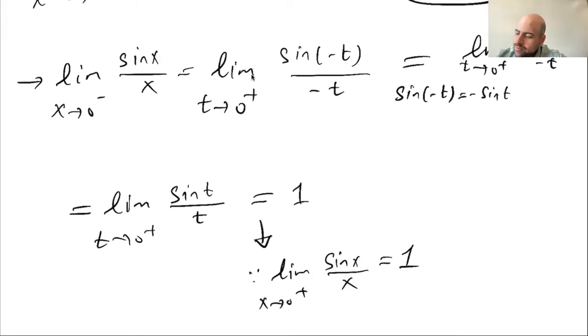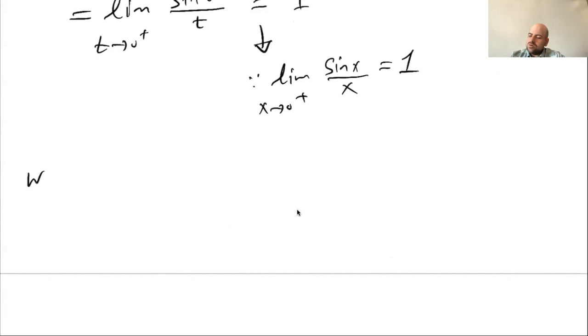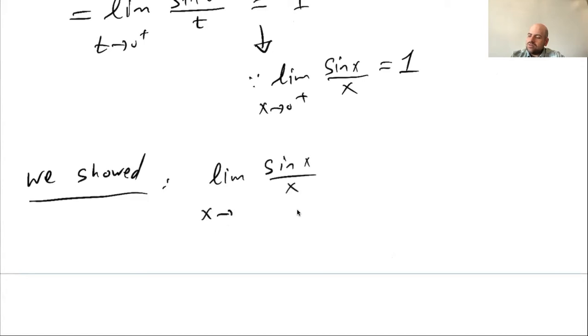We already showed this, right? So we can say that, and this is the same limit, just instead of x, t appears, but it's of course the same limit. So if this is 1, this has to be 1. So what did we show? We showed that the limit of sine x over x as x approaches 0 from right is the same as the limit of sine x over x as x approaches 0 from left.